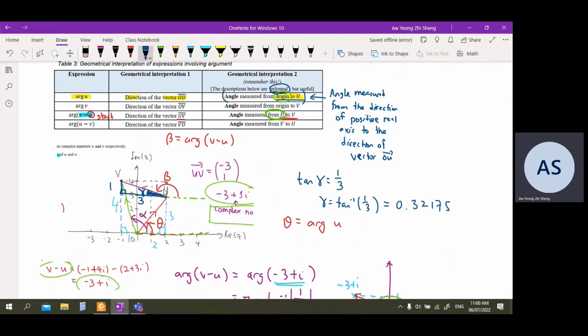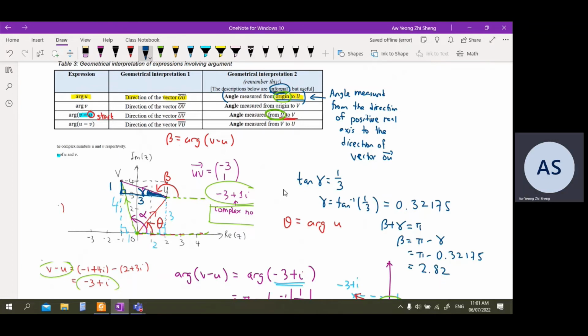Then I know beta plus gamma must be 180 degrees, or pi. That means beta must be pi minus gamma, which is pi minus 0.32175. If you press your calculator, that gives you the same 2.82.